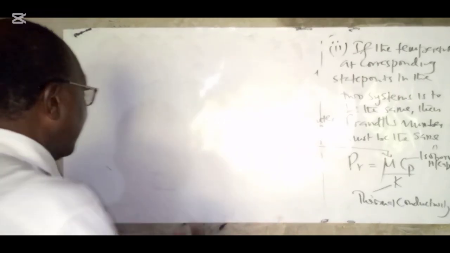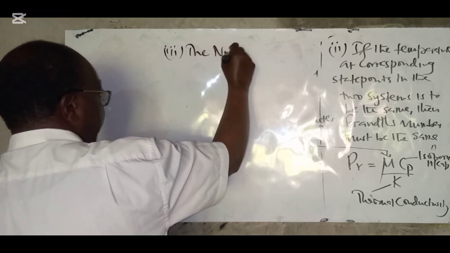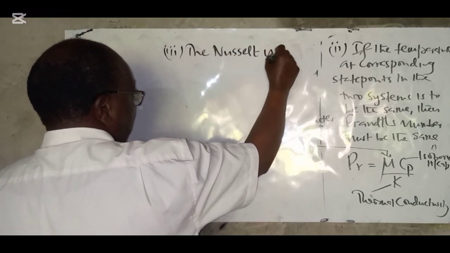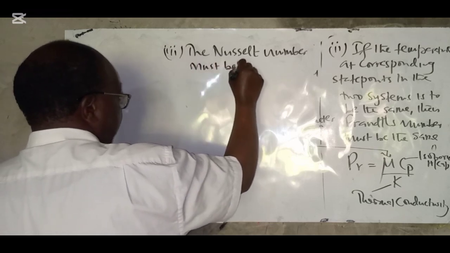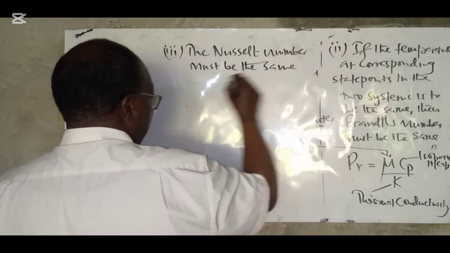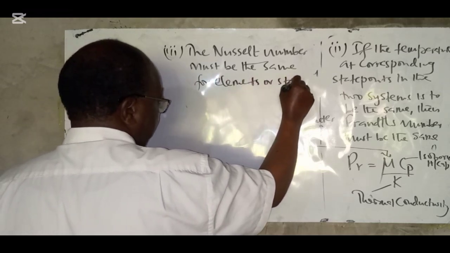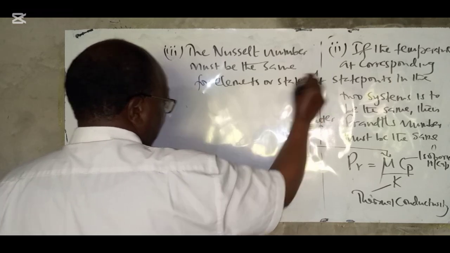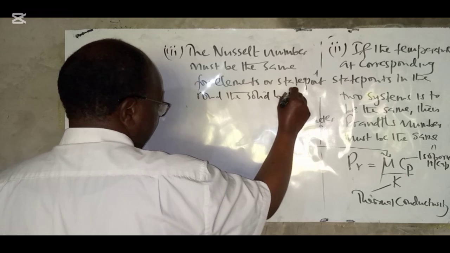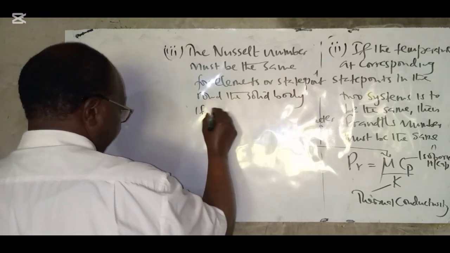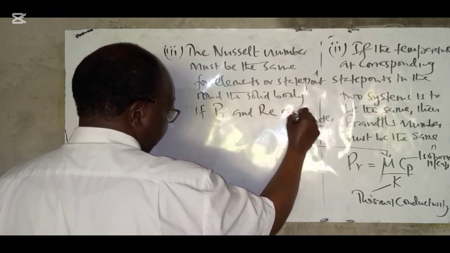So we are saying, number 3, the Nusselt number must be the same for elements or state points on the solid body if Prandtl number and Reynolds numbers are the same.